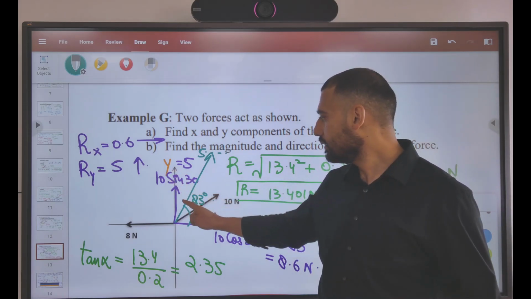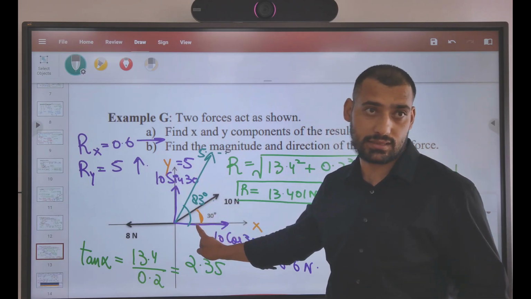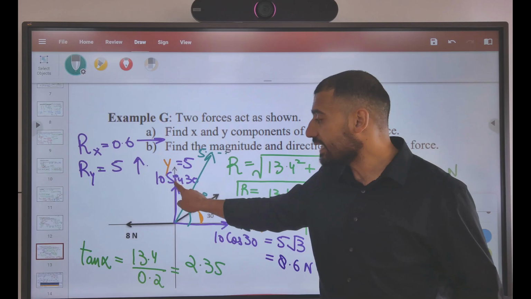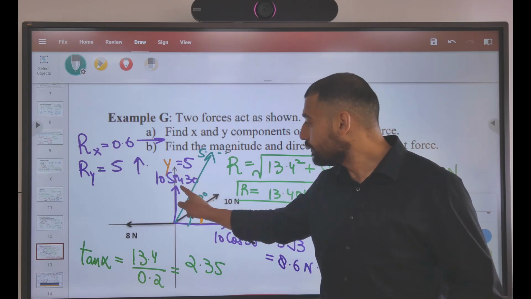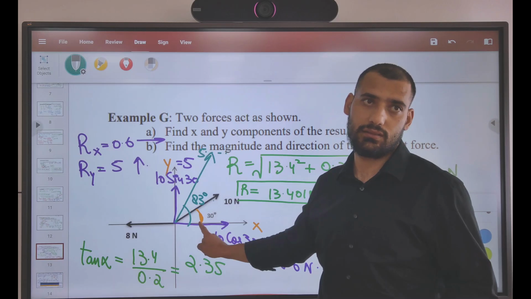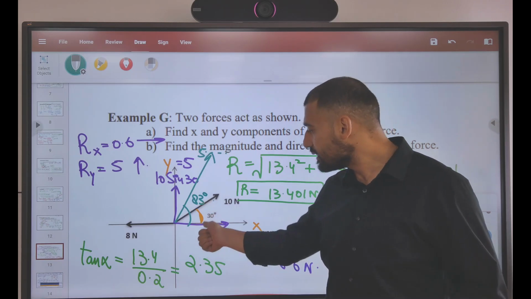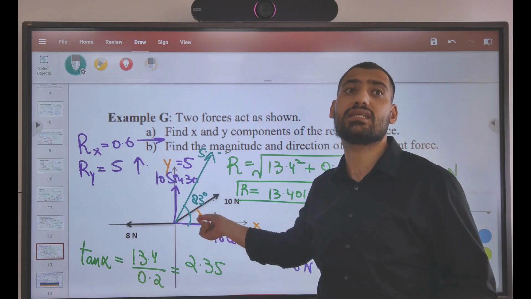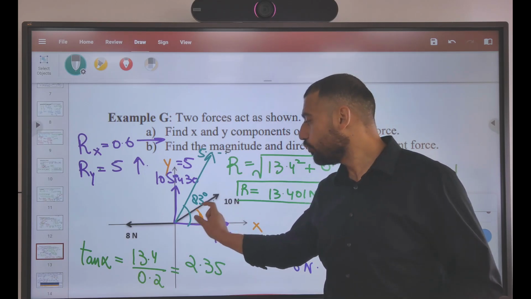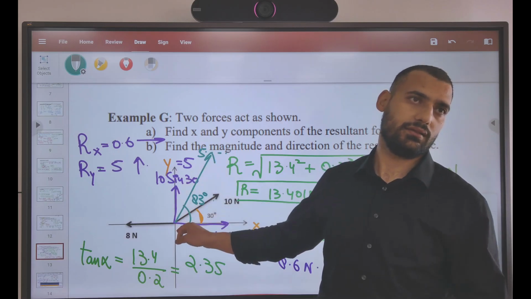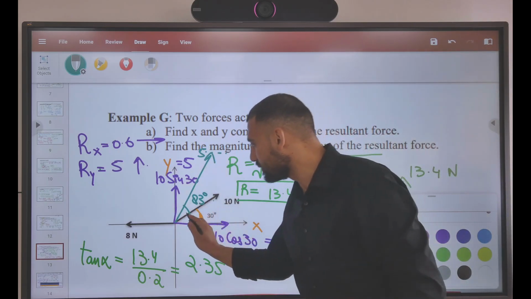10 sine 30, because this angle is 30. If you have to write sine 60, that means this angle had to be 60. The angle with this component, with x-axis, is 30 degrees. So you have to consider only 30. If you consider this angle, see, very important.